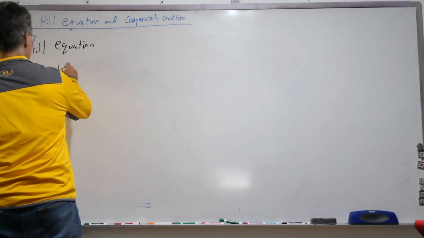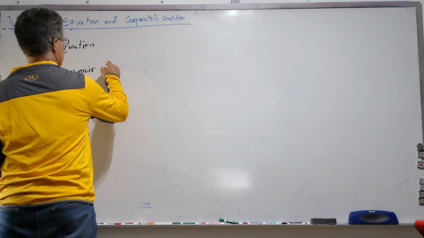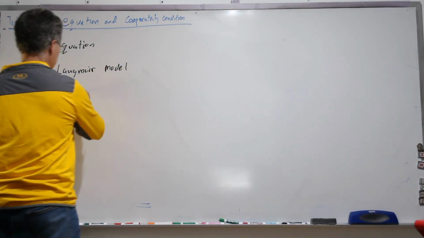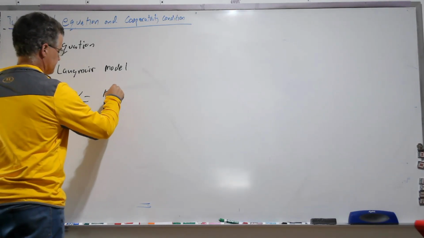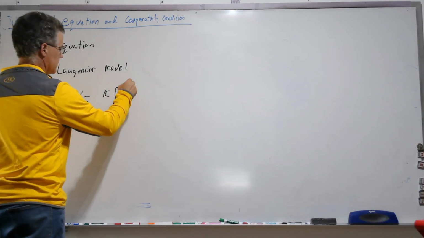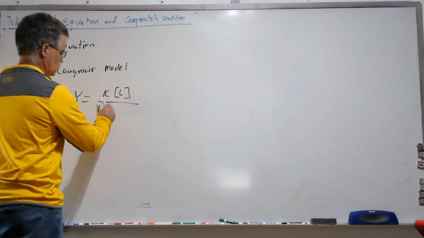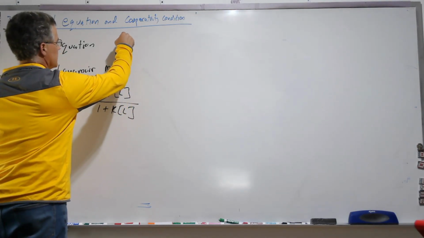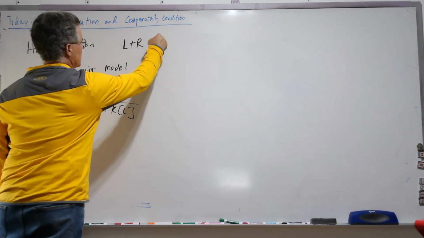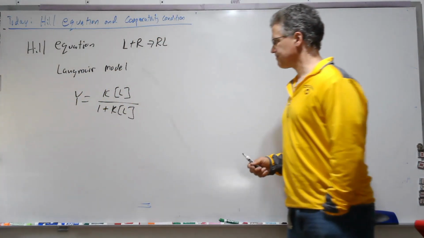So if we remember the Langmuir model, we have our fraction of open channels, our K L over 1 plus KL. And this is for a ligand plus receptor goes to a receptor-ligand complex.